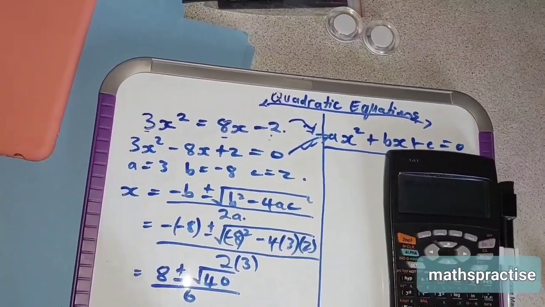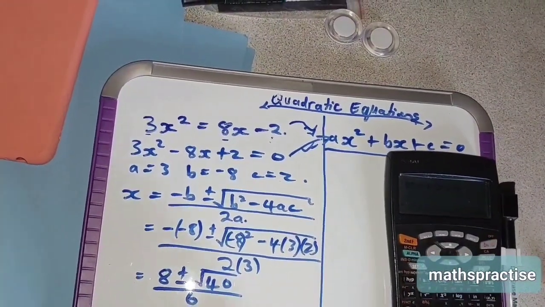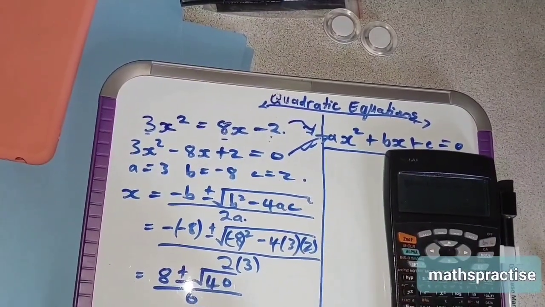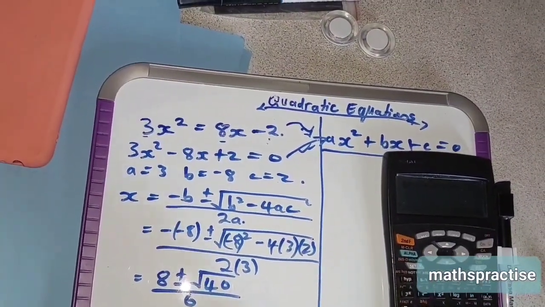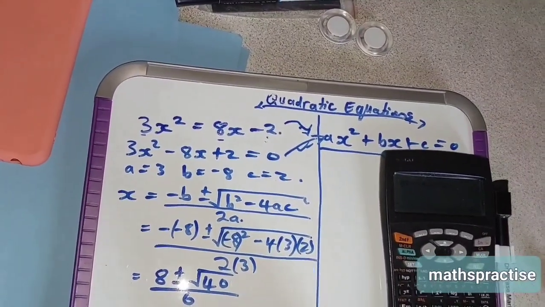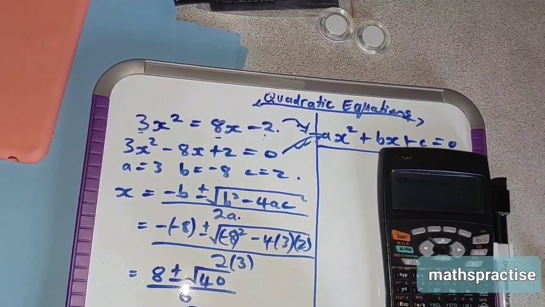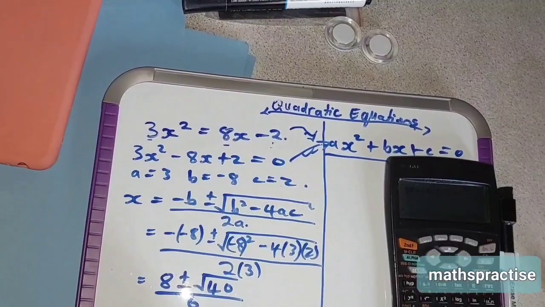So either x is 8 plus the square root of 40 over 6, or 8 minus the square root of 40 over 6.